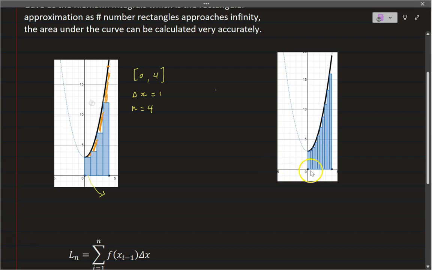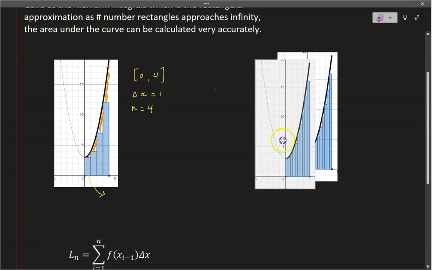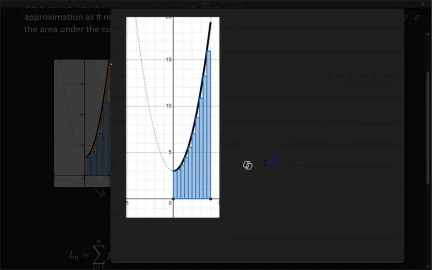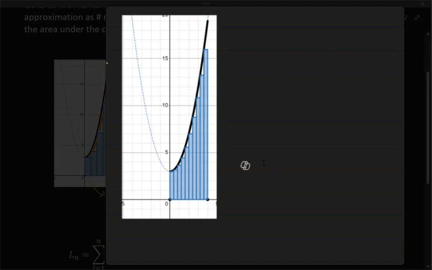But then you look at the second graph, which I graphed here for you. You notice that I have chosen, in this case, 10 values, and the interval is between 0 and 4, but now delta x is 0.4.